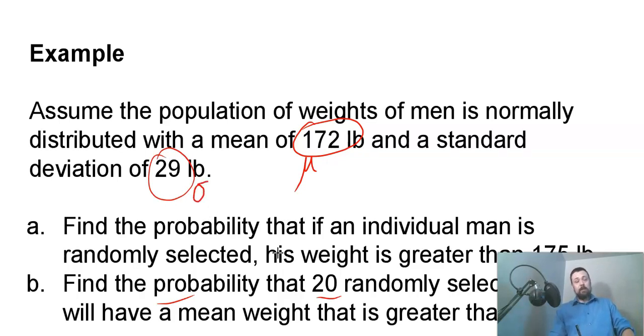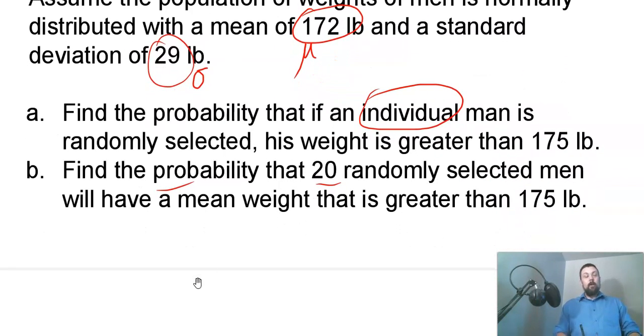Part A asks us to find the probability that if an individual man is randomly selected, his weight is greater than 175 pounds. Contrast that with part B, where it says find the probability that 20 randomly selected men will have a mean weight that is greater than 175 pounds.